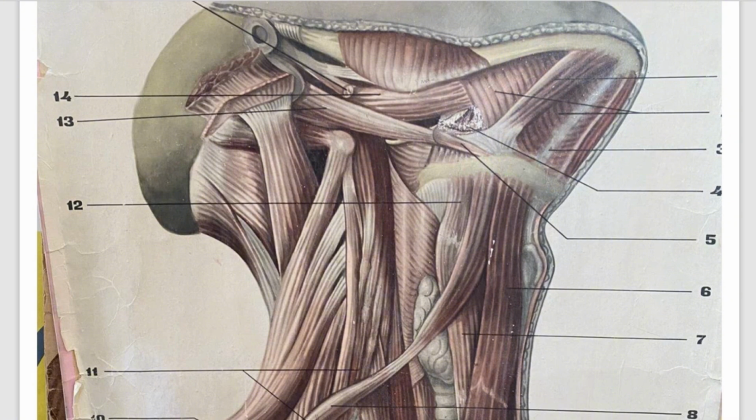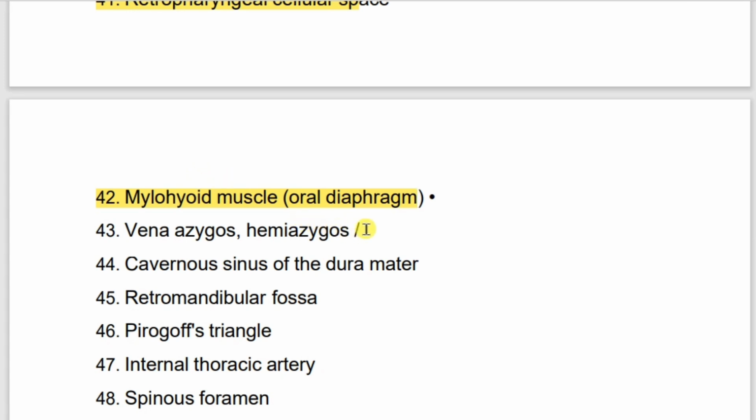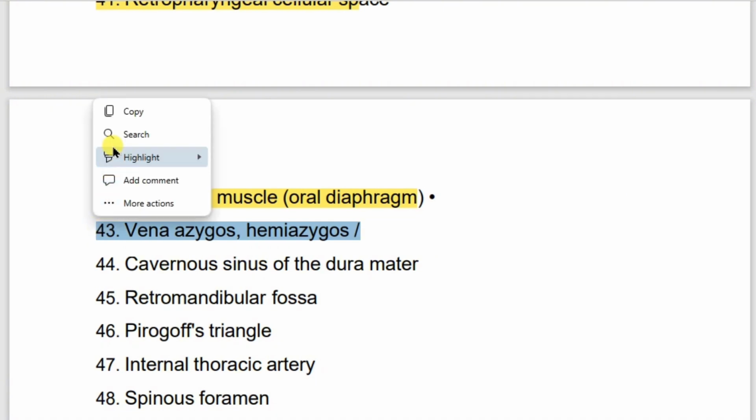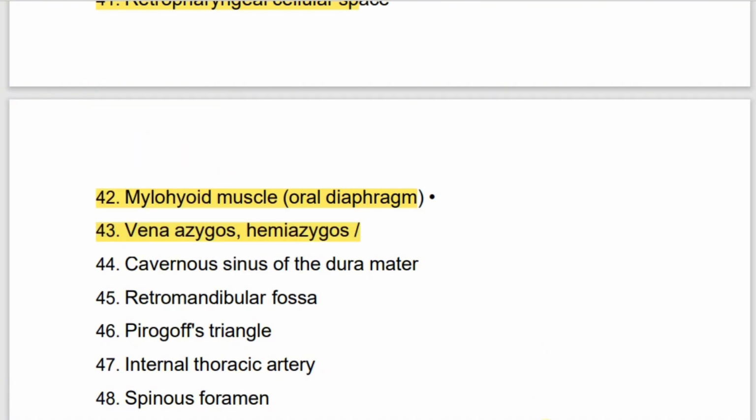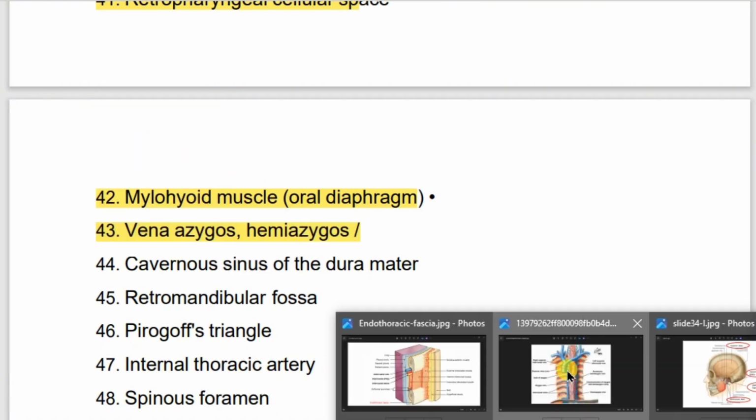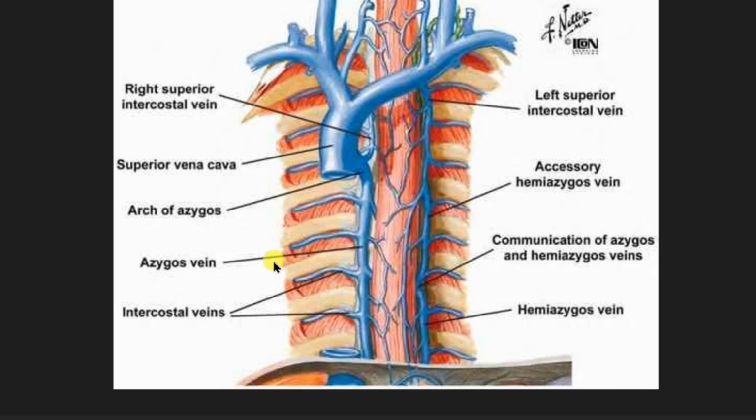So the next structure we have, again, is the vena azygos and hemiazygos. We already discussed it, so let's see one more time. Here you can have a look. This one is your azygos vein, and this one is the hemiazygos vein. What's the origin of the azygos vein?